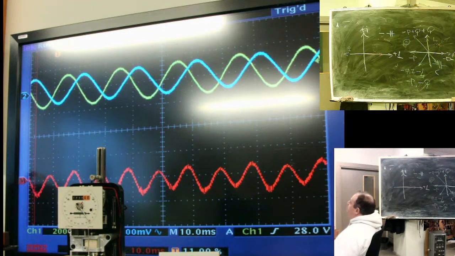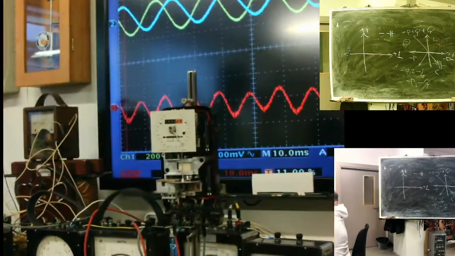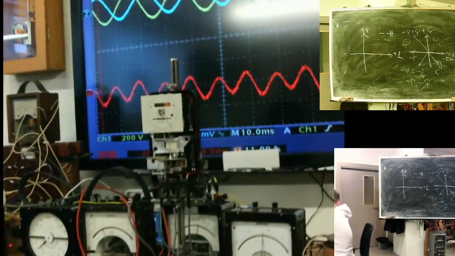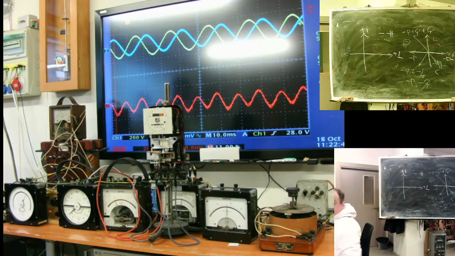You see what? Which way does the meter rotate? The voltage is 90. If the meter goes in the negative direction, see, it's negative.